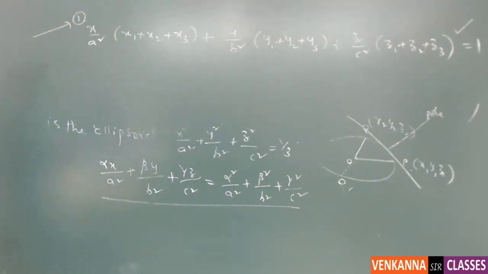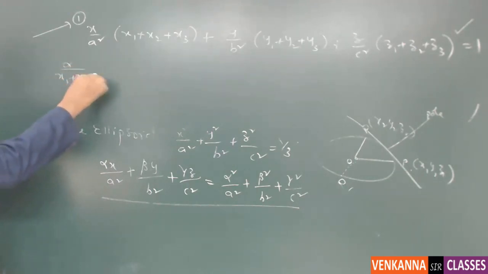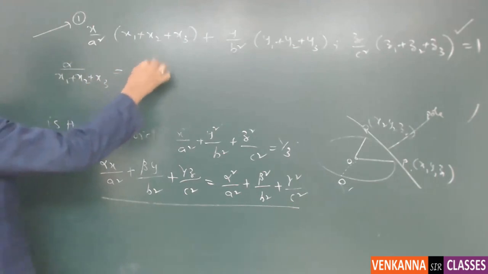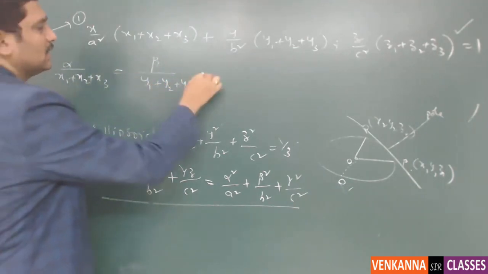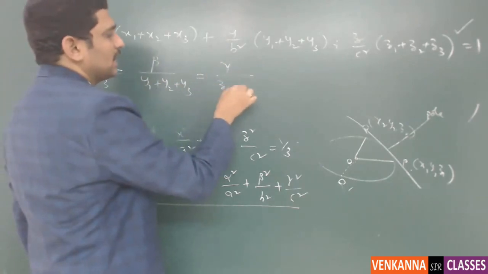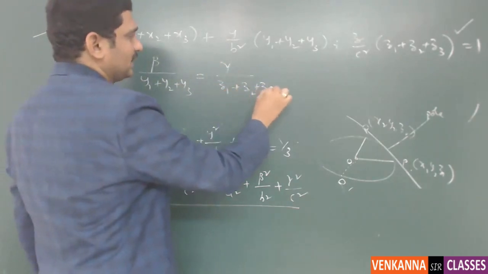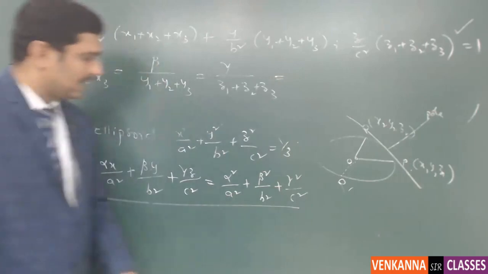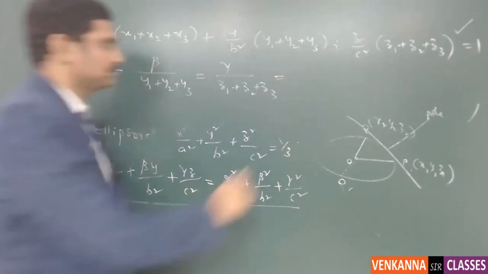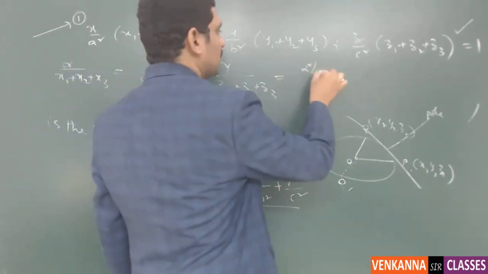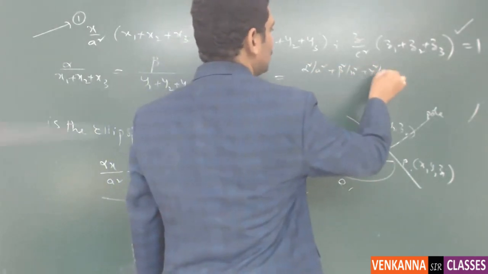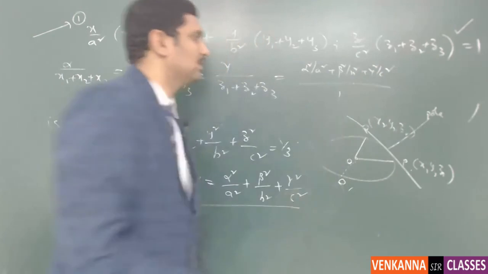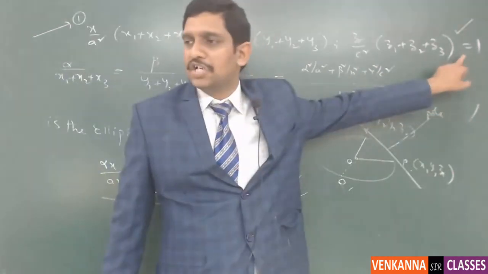It is nothing but alpha by x1 plus x2 plus x3 is equal to beta by y1 plus y2 plus y3 is equal to gamma by z1 plus z2 plus z3 is equal to, on the right side, the constant alpha square by a square plus beta square by b square plus gamma square by c square whole by 1. This is the constant 1 here.